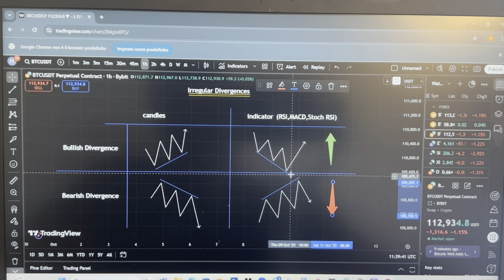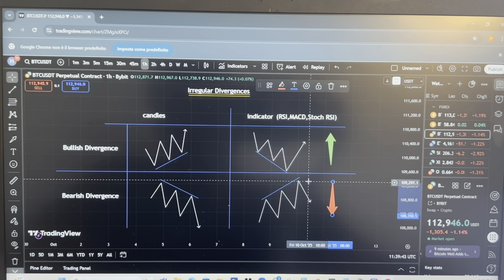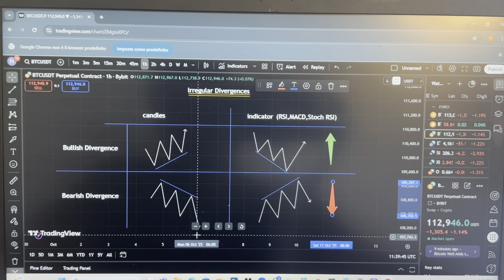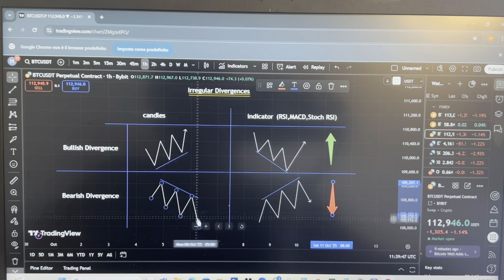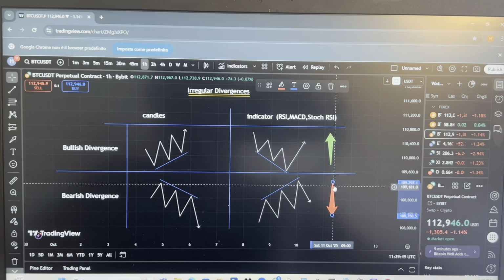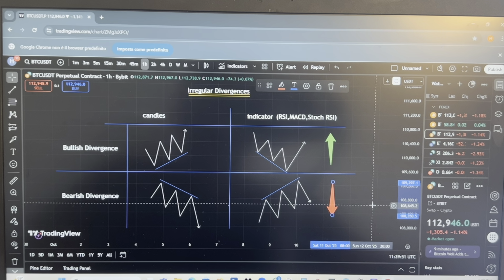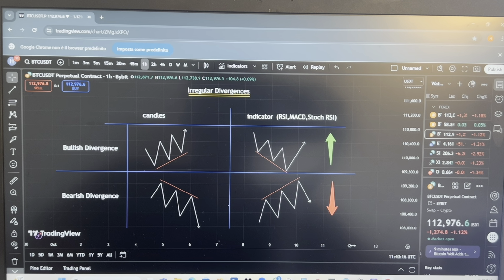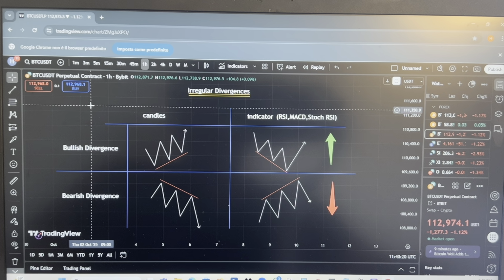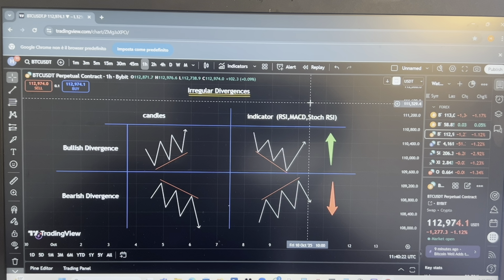Even though the indicator shows that it's in an uptrend, it's going to pump even harder from this point. Okay, note this down because this is really important. Just like the regular divergence, this is also extremely important.